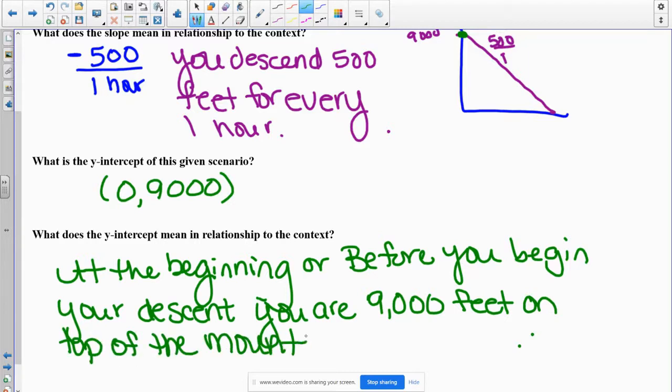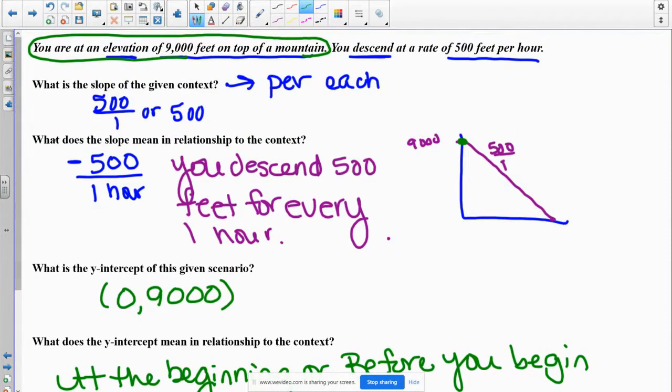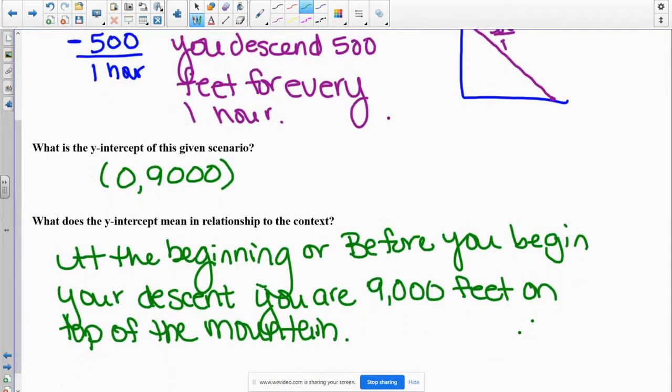So the key here is the first question about the slope and y-intercept is just the mathematical side. And the second is, what does that slope mean in relation to the context, and what does that y-intercept mean? And there's where I want to see a sentence.